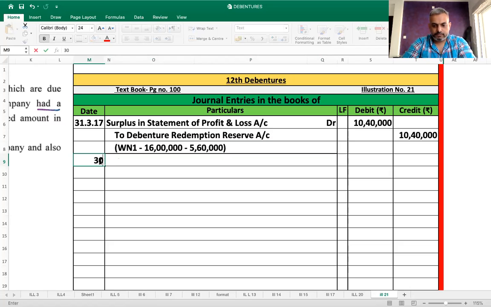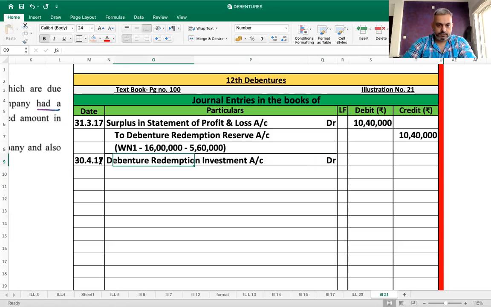Now on 30th April 2017, we will invest this money. So debenture redemption investment account, debit, to bank account. Now let's do the working.